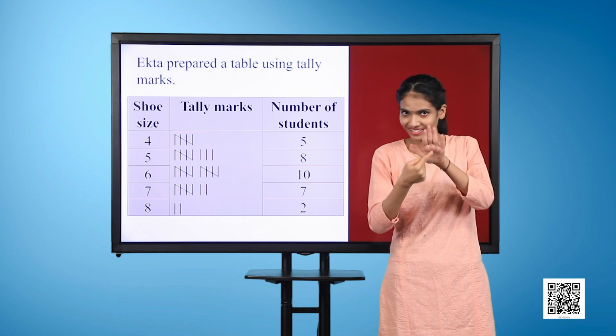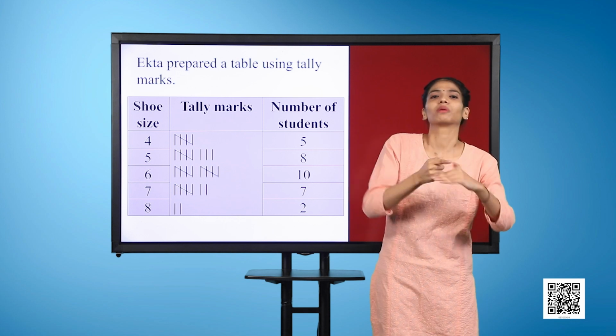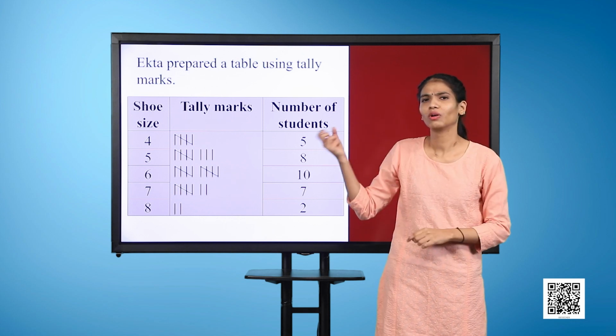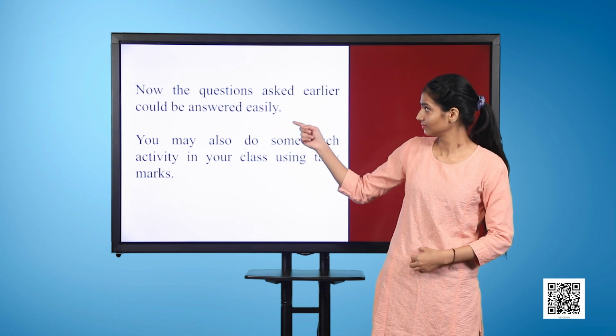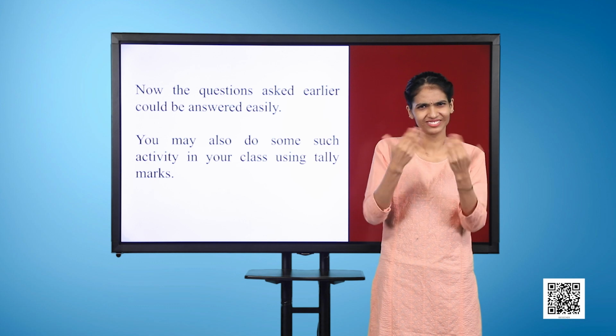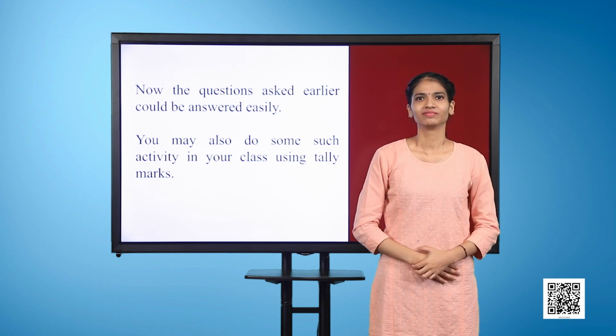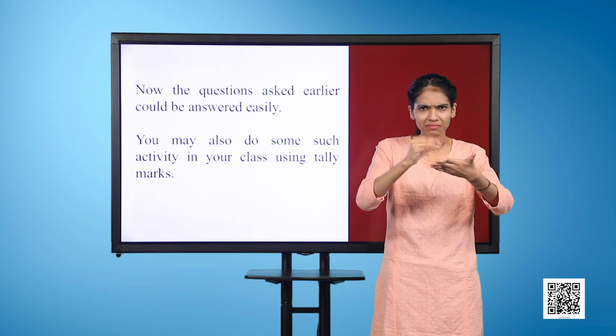Shoe size 8, tally marks 2, number of students 2. Now, the questions asked earlier could be answered easily. You may also do some such activity in your class using tally marks.